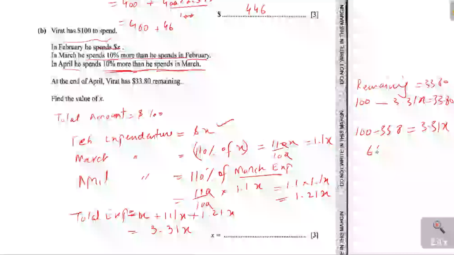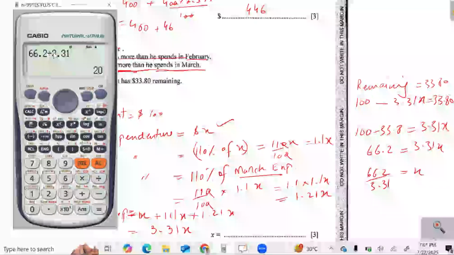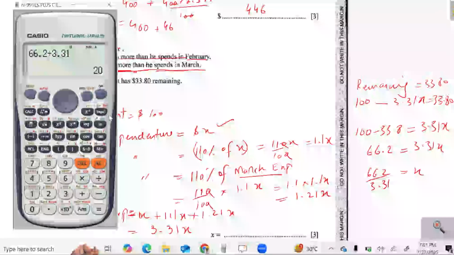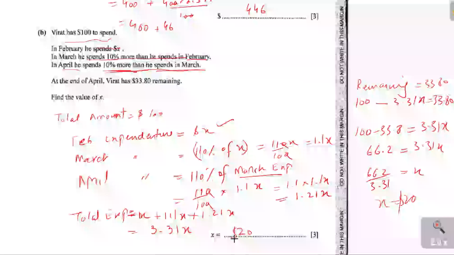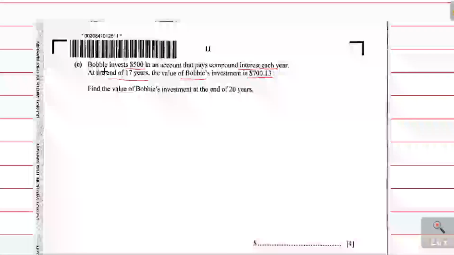Therefore, this value is 66.2 equal to 3.31x, and x will be equal to 66.2 divided by 3.31, and 66.2 divided by 3.31 equals 20. Therefore, x will be equal to $20. This is the remaining amount. This is the answer.